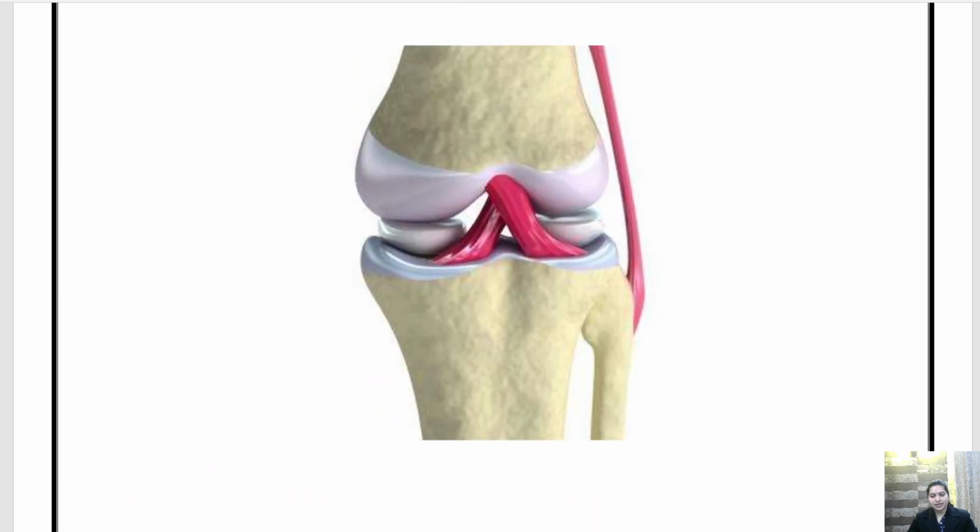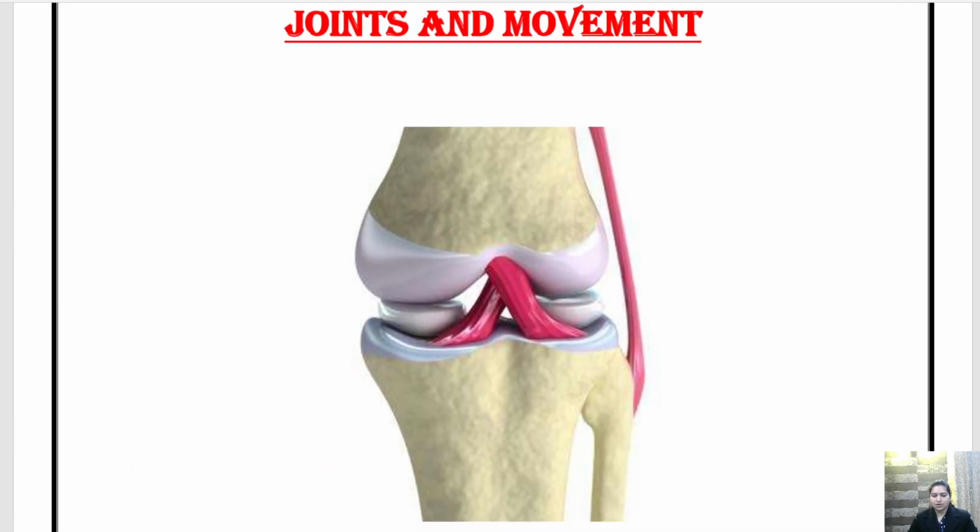so let's see here. Let's talk about joints. So you can see this is bone A and this is bone B. So bone A and bone B are joined together. So this complete portion is called joints. Okay, and this is what will move. Clear?